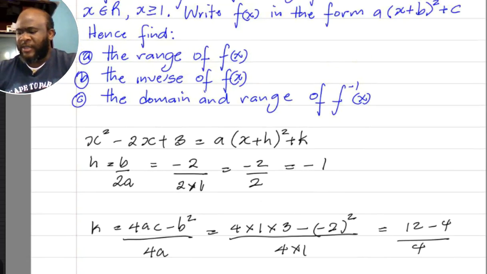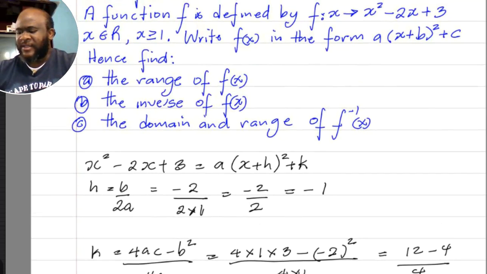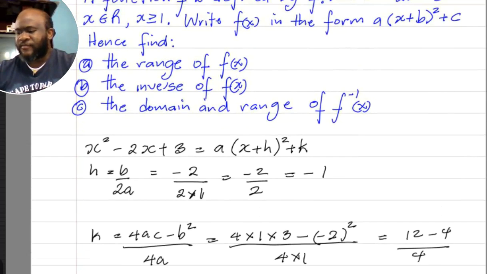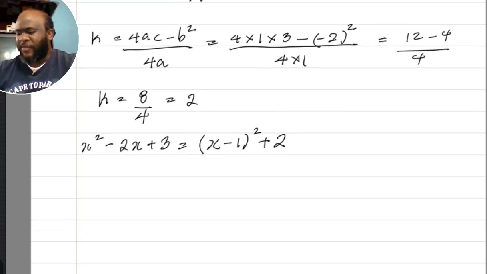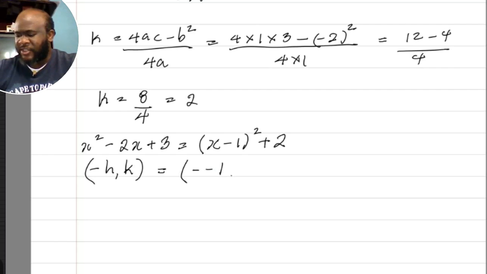All right, what else were we asked to do? We're asked to hence find a, the range. Remember that the point (h, k), which is (1, 2), is the minimum turning point.